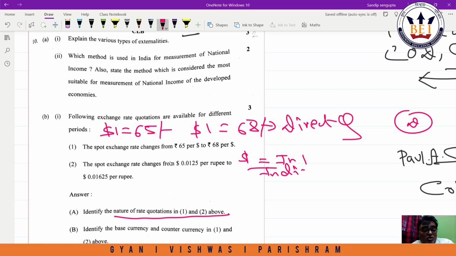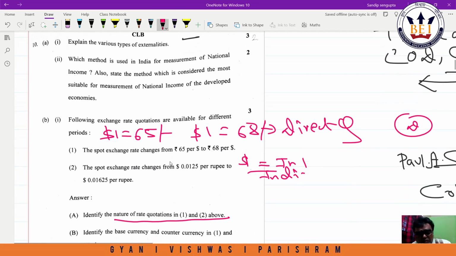Examples, any example you can give which affects production, another which affects consumption. National income measurement for the Indian economy is a combination of three, CSO is doing that. For developed countries, obviously the income method, but in some special cases the expenditure method.